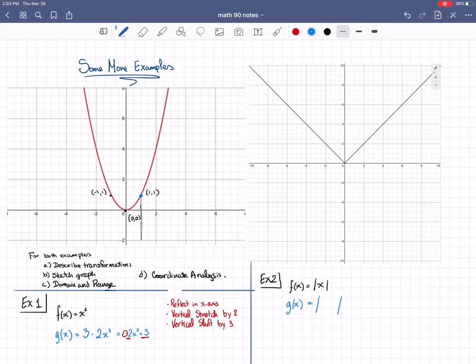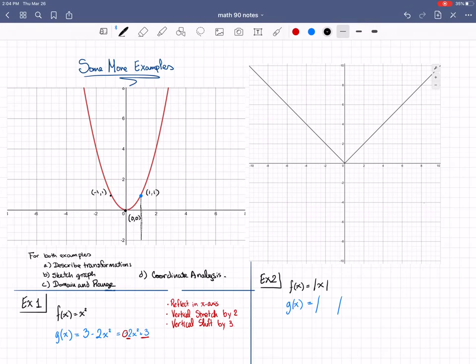Okay, next, let's do the origin. It's a little bit goofy, a little funky, but it's really good to talk through. So because the origin is on the x-axis, when you reflect it in the x-axis, it doesn't go anywhere. It stays put. By that same token, with a vertical stretch by a factor of 2, you are doubling the y-coordinate.